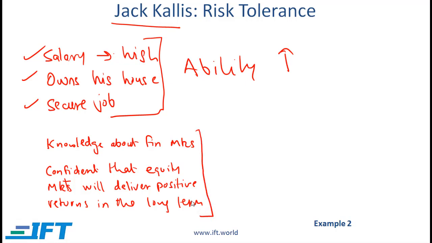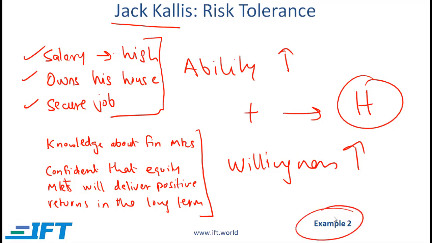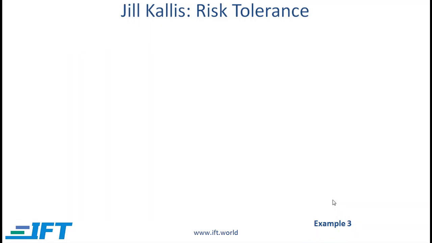Based on this information, you can determine that generally speaking, his willingness to take risk is also relatively high. When you combine these two factors, it is easy to see that Jack's overall risk tolerance is relatively high. Take a look at example 2 in the curriculum now.